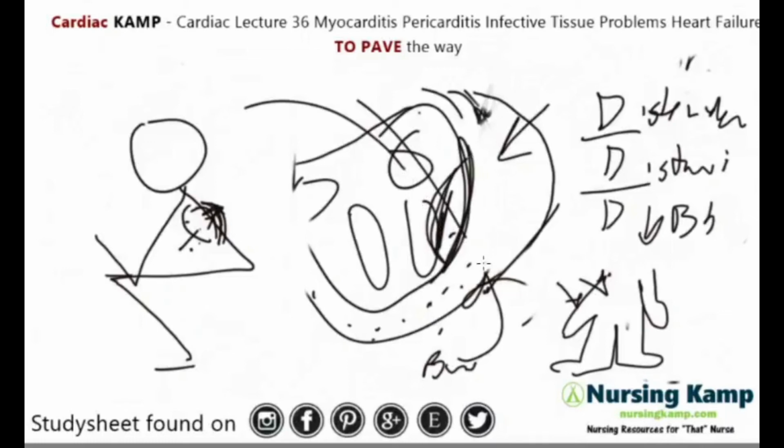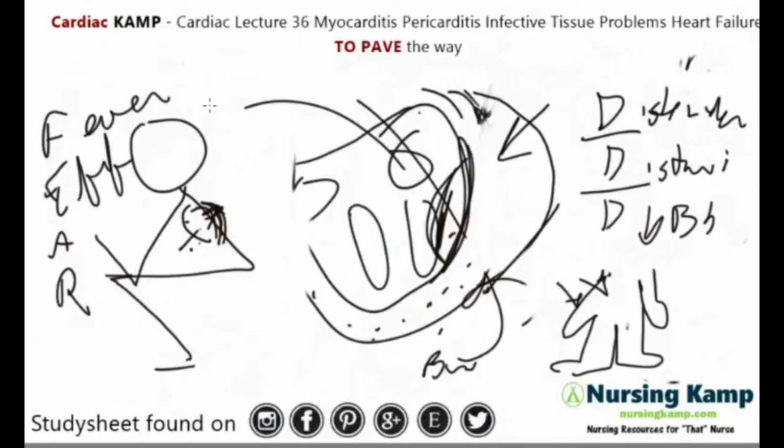Some other things that you start to hear is Dressler syndrome after pericarditis, which you fear. What that is: fever, effusions. The fluid starts to go into the heart and they start to effuse out.